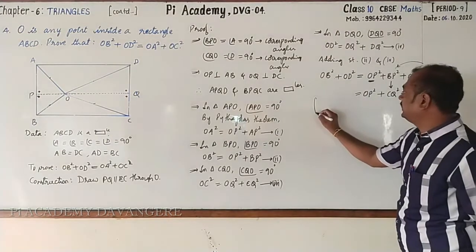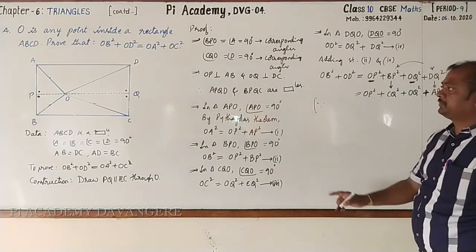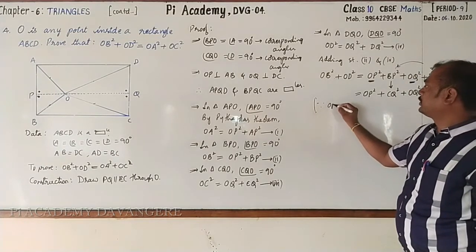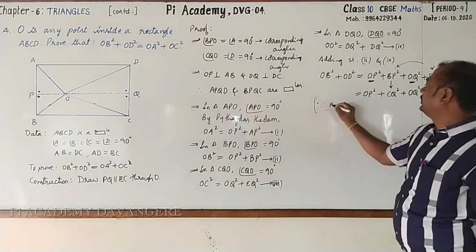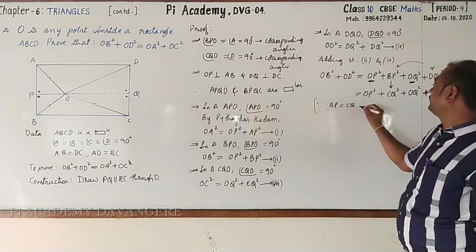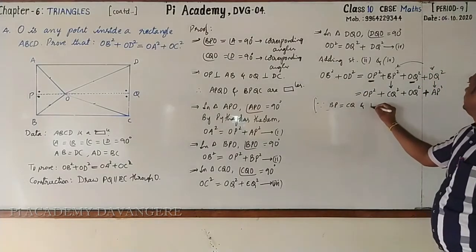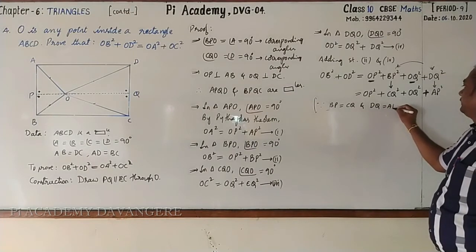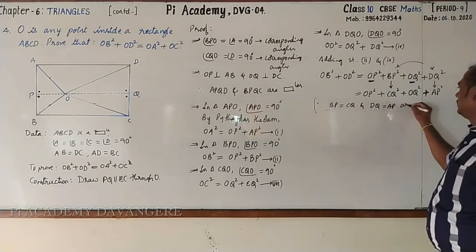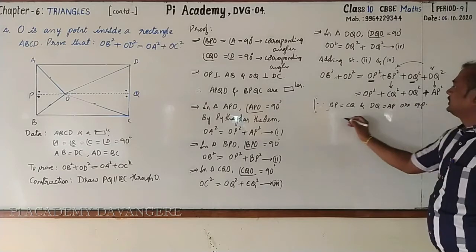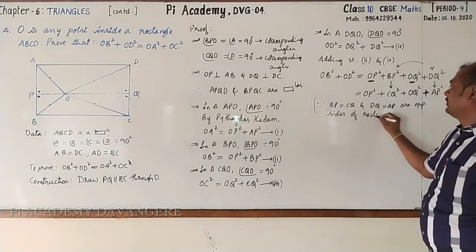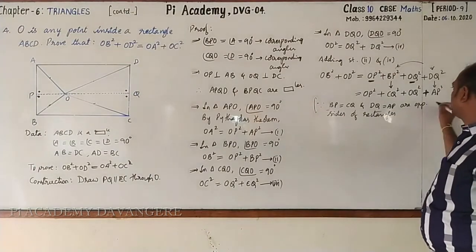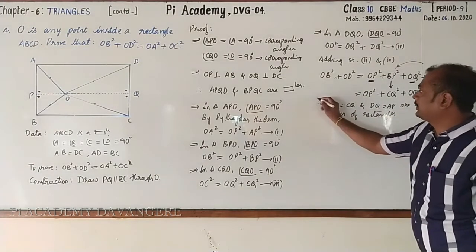In bracket you may write the reason that BP equal to CQ and DQ equal to AP are opposite sides of rectangles. There I don't have space, so that in bracket I have written.